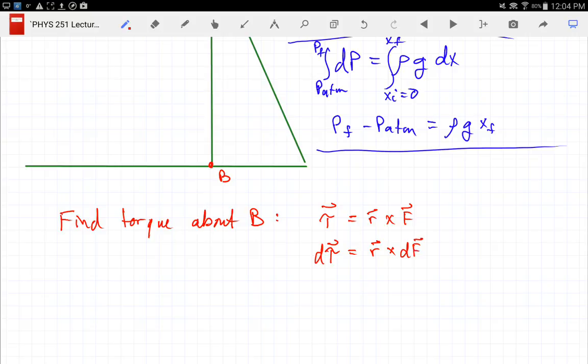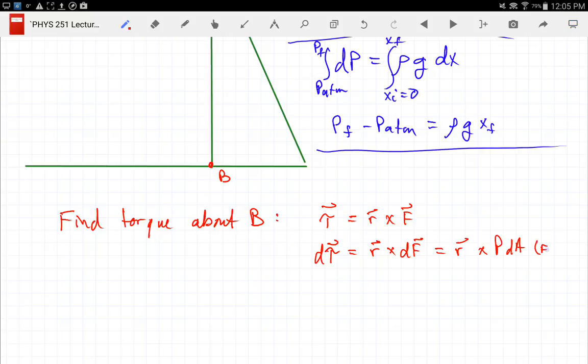So now what is my dF? What would dF be? And I have a direction to this that has to be in the right direction.